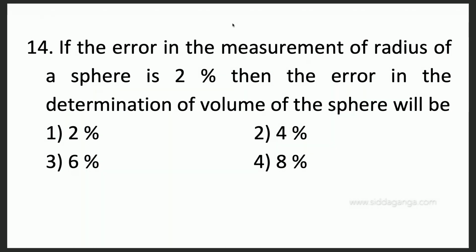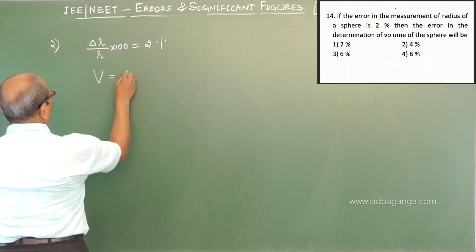Come to the next question, number 14. If the error in the measurement of the radius of a sphere is 2%, that is delta R by R into 100 is 2%, then what is the error in the determination of the volume of the sphere? What is the relation for the volume of the sphere?